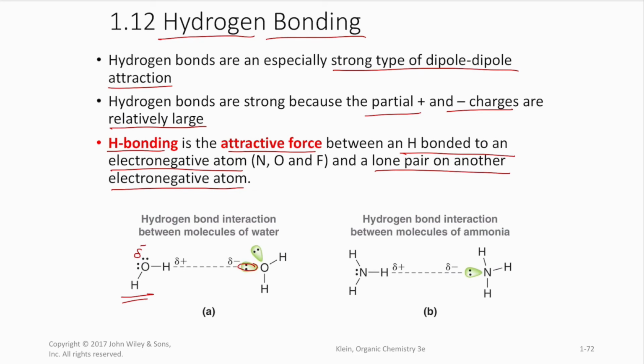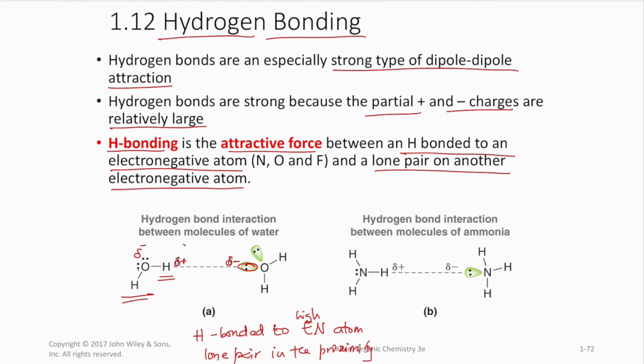The lone pairs with a partial negative charge attract the hydrogen connected to the oxygen, which has a higher electronegativity. Understand that the only requirement for a hydrogen bond is that the hydrogen should be bonded to a highly electronegative atom, and there should be a lone pair in the proximity.